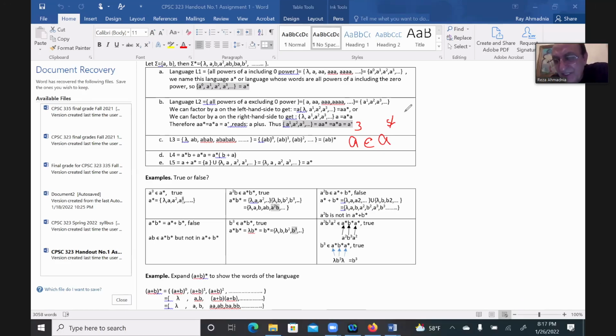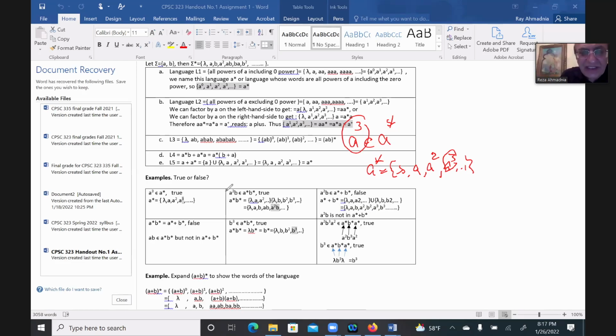If you cannot see it immediately, expand this one here. What is A star? A star is lambda, A to the second power, A to the third power, and so on. So this word is here. Therefore, this is true. If you can, after a few problems, you can look and say, okay, it is true.